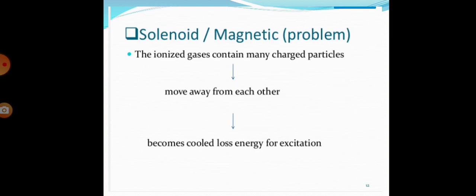Solenoid and magnetic problem. When a solenoid or magnet is used in the discharge tube, there arises some problem. The ionized gases contain many charged particles. The charged particles move away from each other.